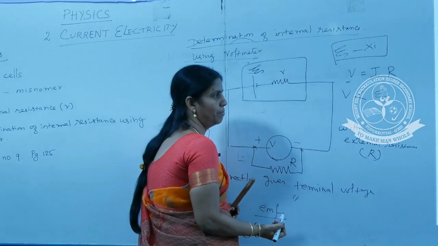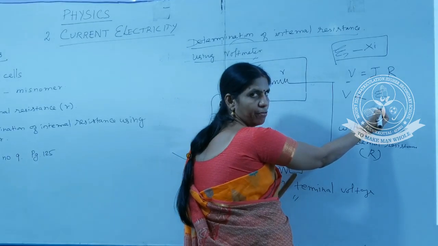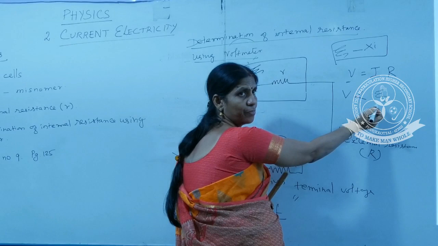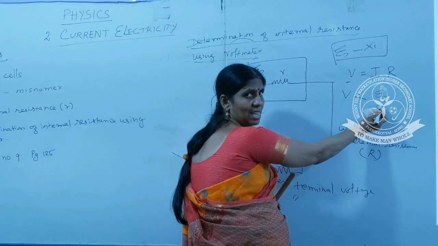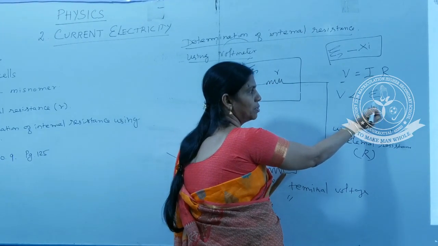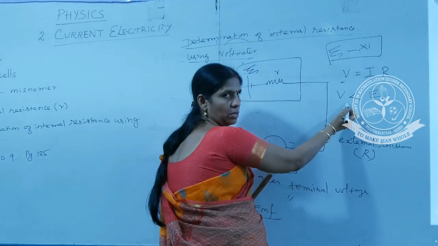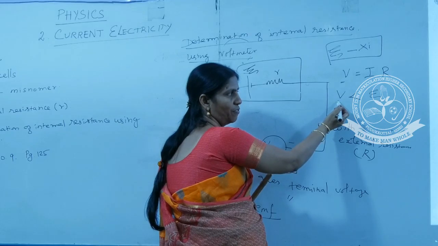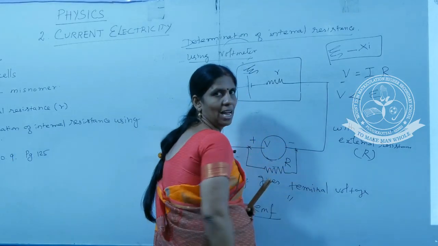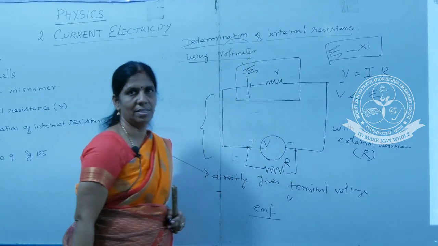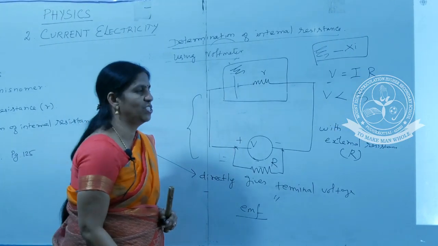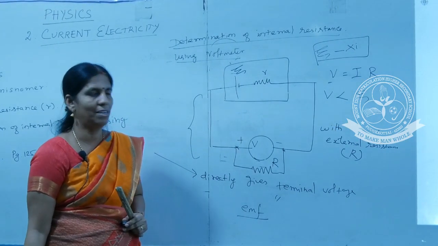As we learnt previously, it is the EMF of the cell, that is the terminal voltage of the cell with no external resistance. But when external resistance is included, the potential difference across R is less. Why is there a change from the exact value?